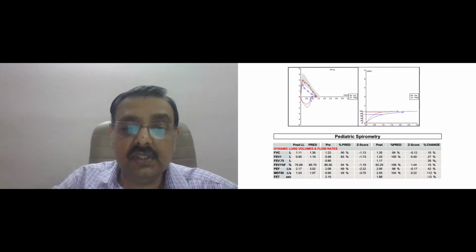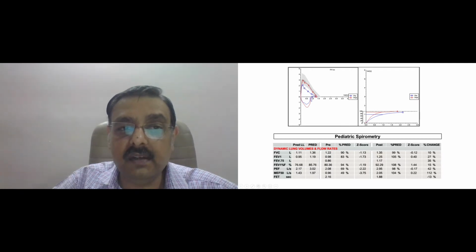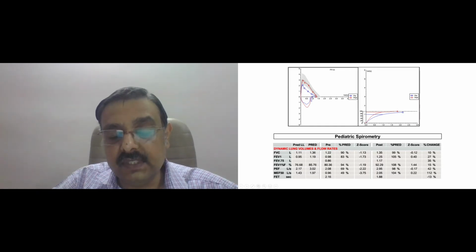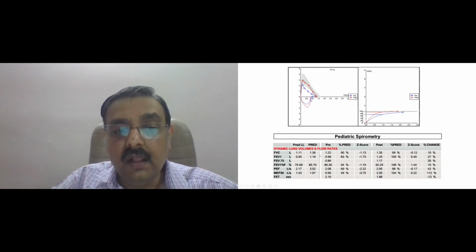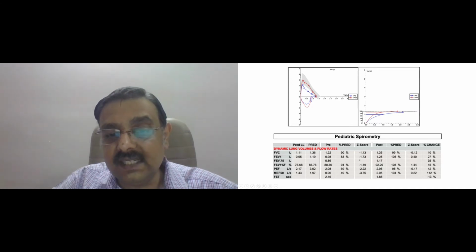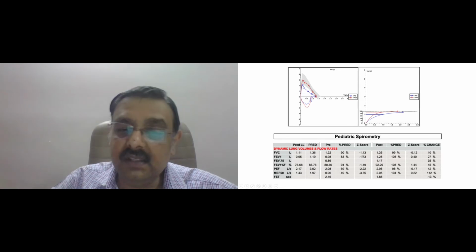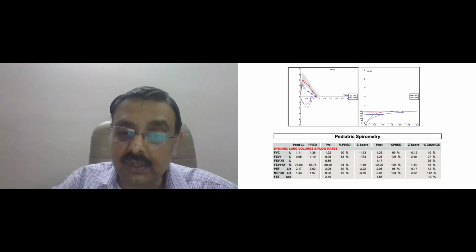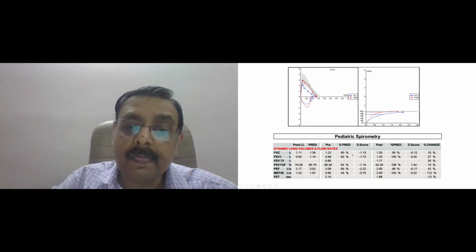Now this is the lung function of this girl, and as you see, again the blue curve is the pre-bronchodilator curve, the red curve is the post-bronchodilator curve, and the significant scooping which was there has disappeared. Now if you look at the FEV1, the Z score is something like 1.73, with the cutoff being -2, so it does not fall into that category still.